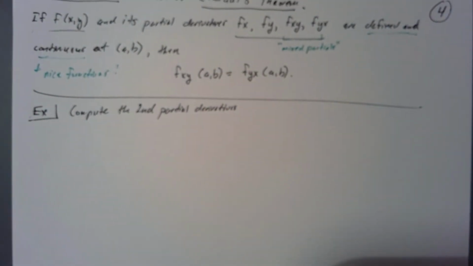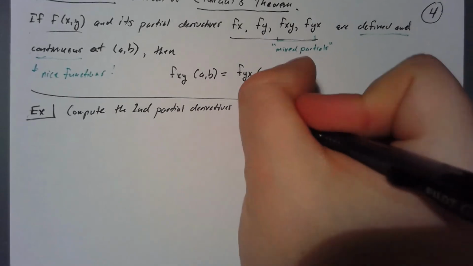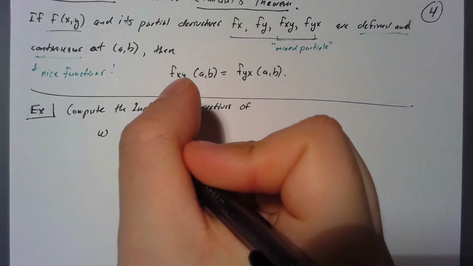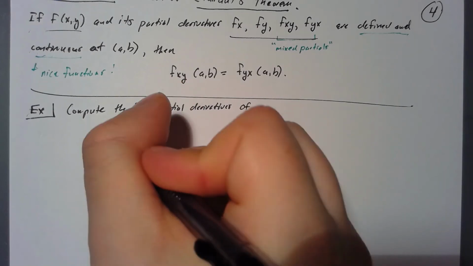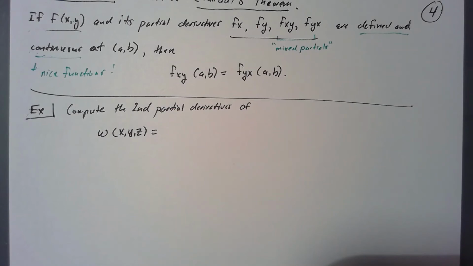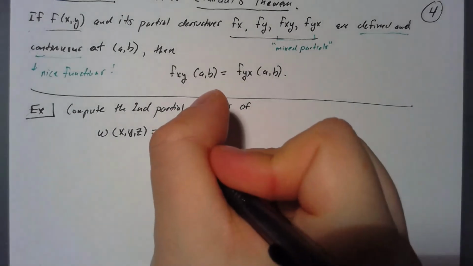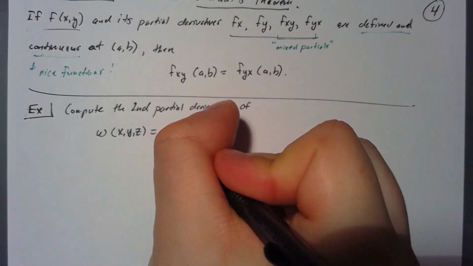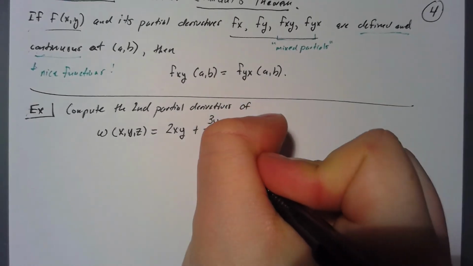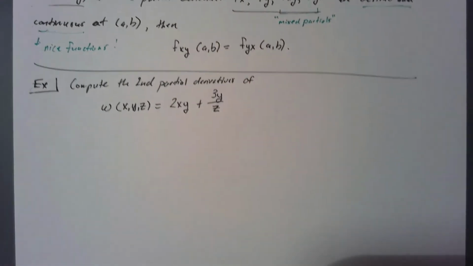Compute the second partial derivatives of w, which is a function of x, y, and z, and that equals 2xy plus 3y over z.